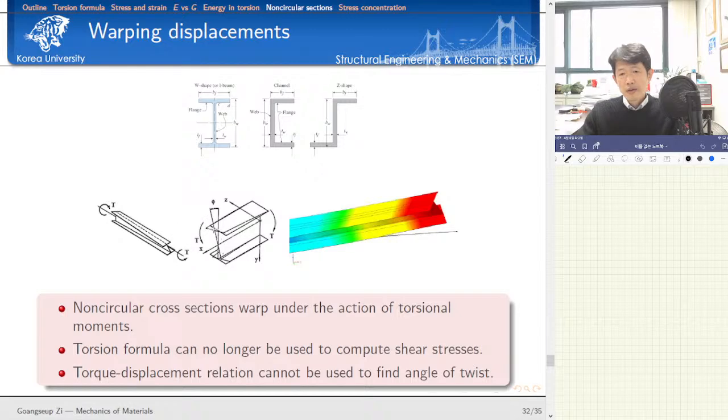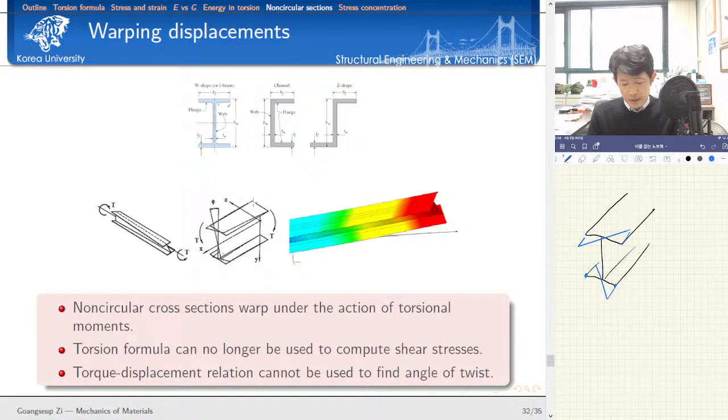Let's say initially we have a straight line, and then let's apply the torsional moment. What happens is, this edge comes out, and this edge goes in. And then if you look at this part, this edge goes in, and this part comes out.